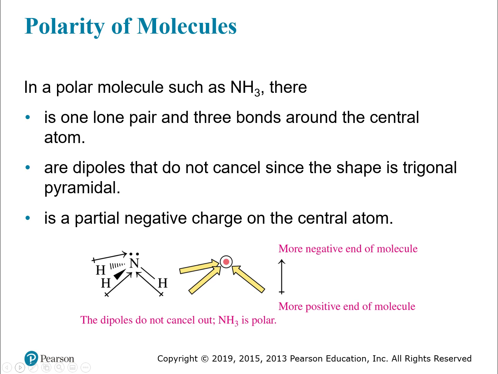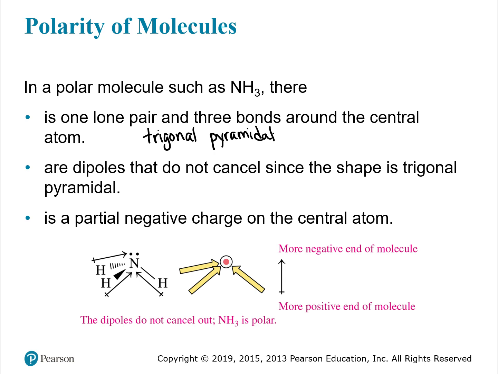Another configuration where you can have a polar molecule is 1 lone pair and 3 bonds. That's trigonal pyramidal for the VSEPR shapes, where you've got a lone pair and 3 bonded atoms.